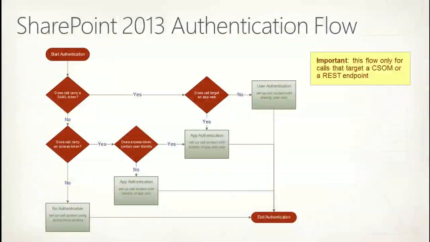If it doesn't, standard user authentication, just like in SharePoint 2010. However, if it targets an app web, SharePoint knows that this call has to be from the particular app. And so it sets up the call context with app identity. And because it has a SAML token, it also sets it up with user identity.